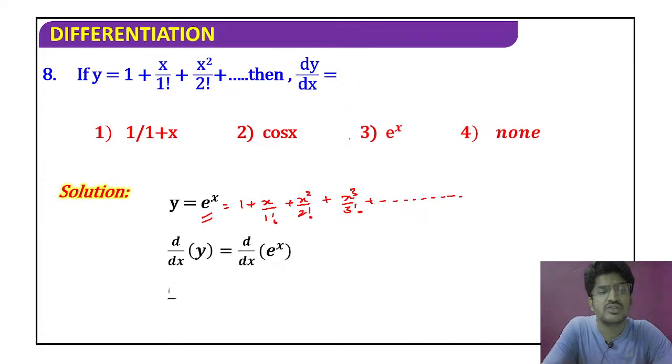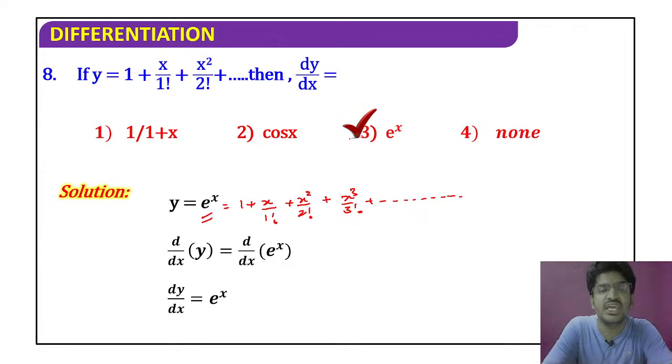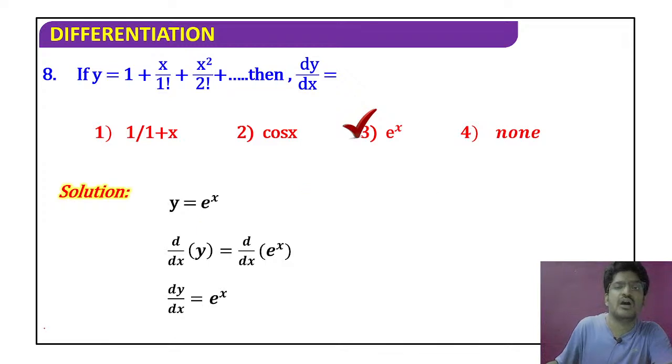Clear? So the answer is going to be option 3, that is e raised to x.